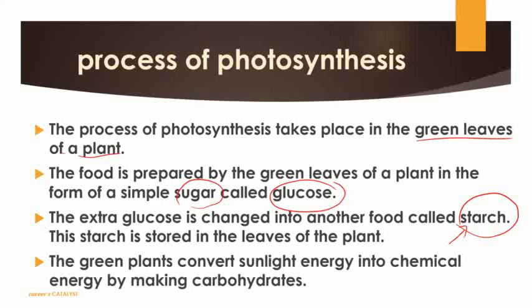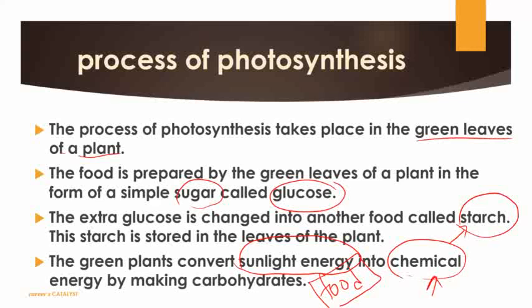So the green plants convert sunlight energy because they trap solar energy. Only green plants have the capacity to trap that solar energy. This solar energy is first converted into chemical energy to make food, to make carbohydrate. So for the preparation of food, the plant at first traps solar energy, but then that solar energy gets converted into what?